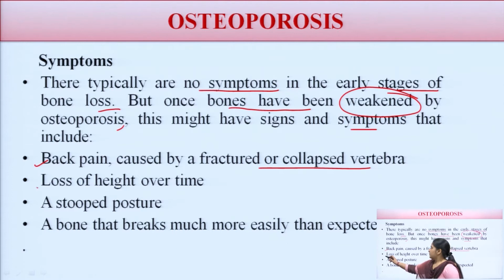Then there is loss of height over time, because the bones can't be properly formed or the nutrients and minerals can't be deposited. There is also a stooped posture, and the bones break much more easily than expected.